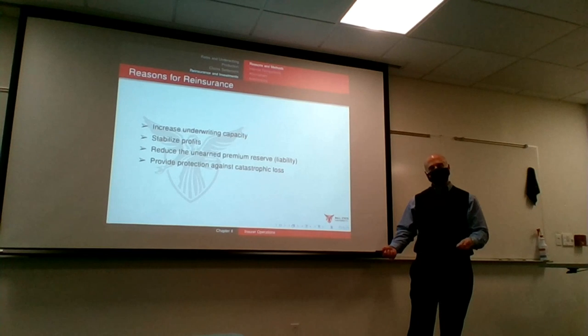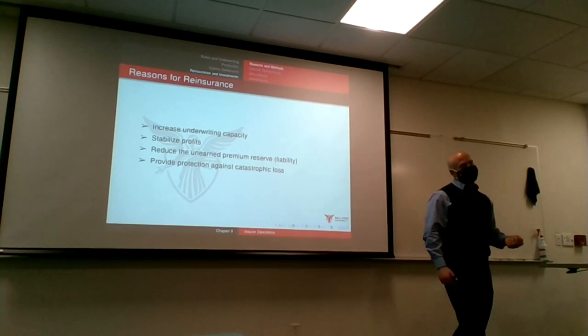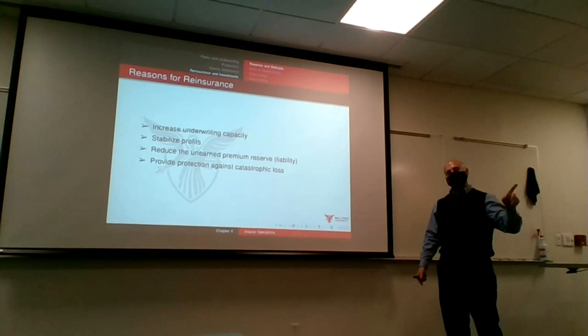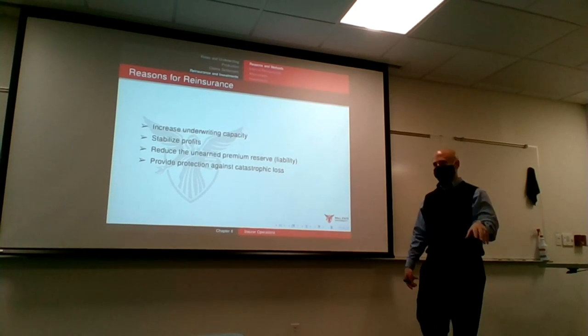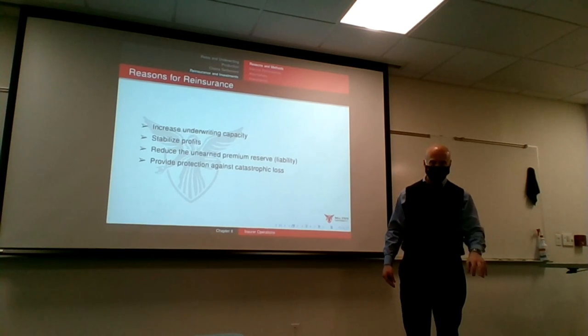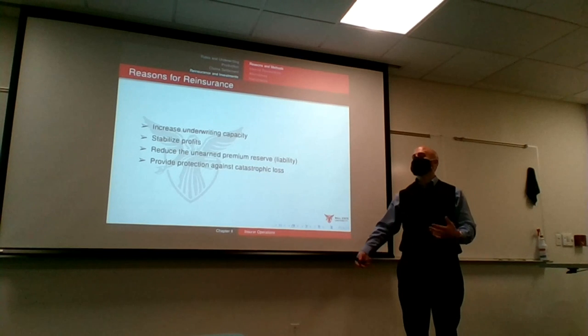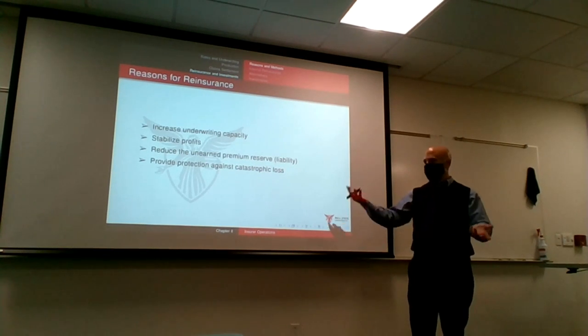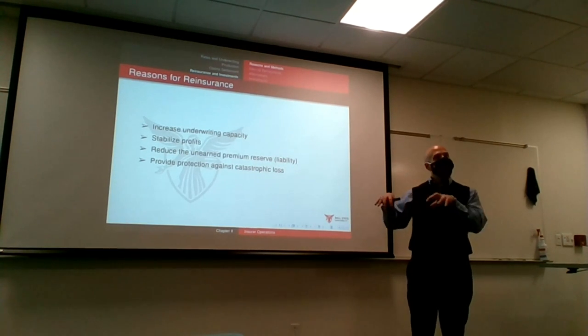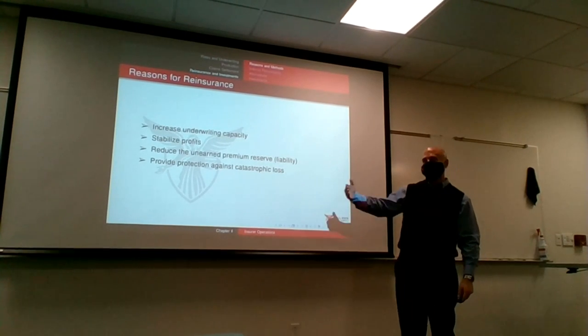So reinsurance is often heavily utilized in those markets where we see catastrophic risk. And a quick reminder, catastrophic here, in insurance terminology, means that all the exposure units are highly correlated. It just so happens that something like a hurricane is a catastrophic event in both definitions of the word. What we mean here is that the losses are highly correlated. One happens, they all kind of happen.